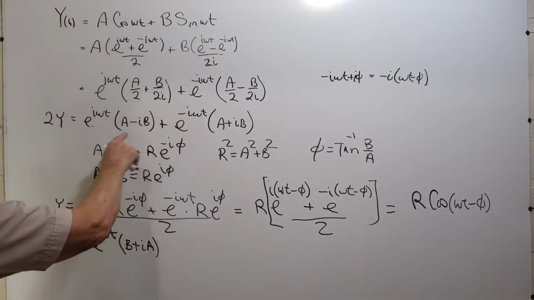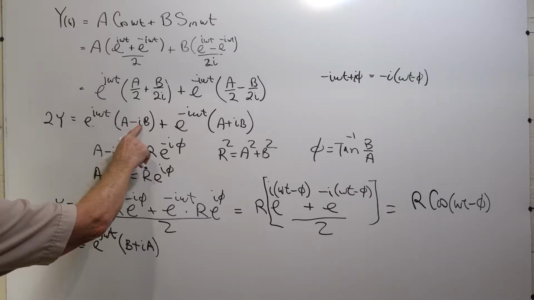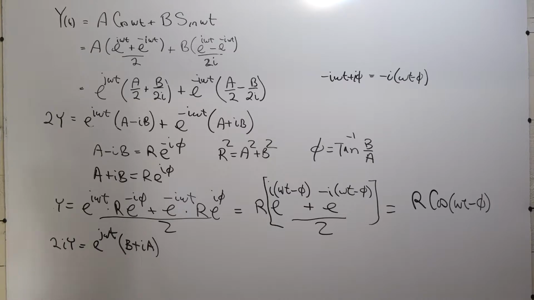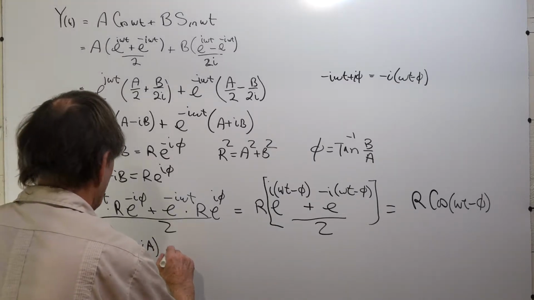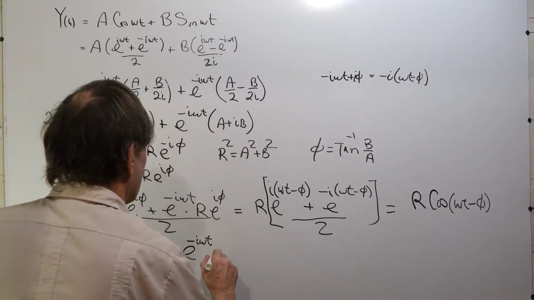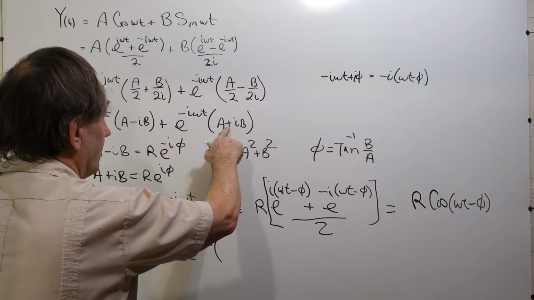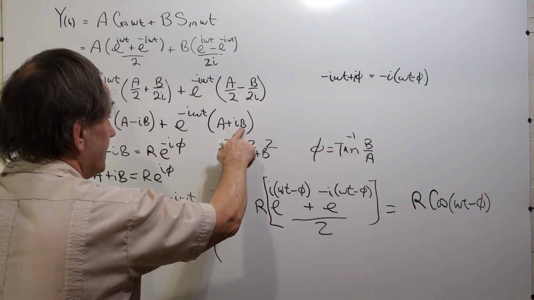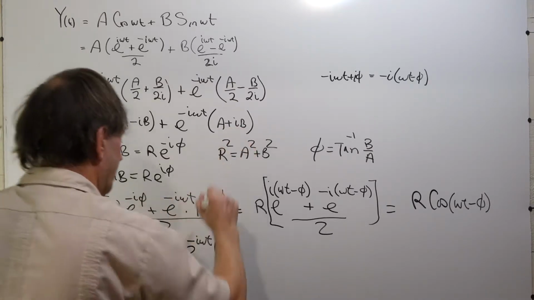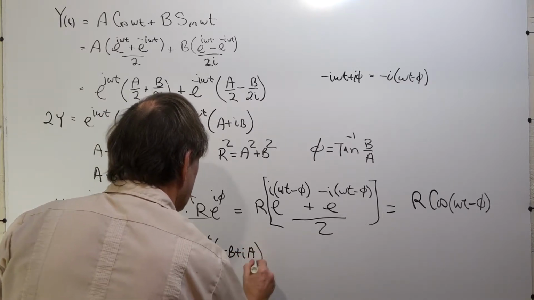We're multiplying through by i, so we get iA, and then a minus i squared, which is a plus 1, so we just have B. Then we have e to the minus i omega t, and again we're multiplying through by i, so we have an i squared B, so this becomes minus B plus iA.